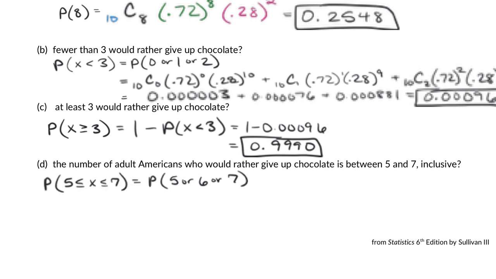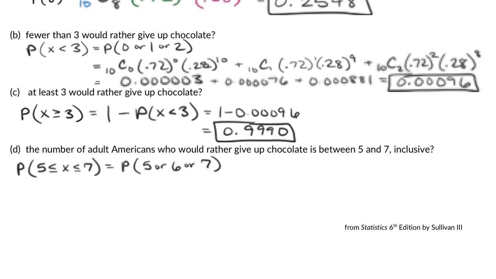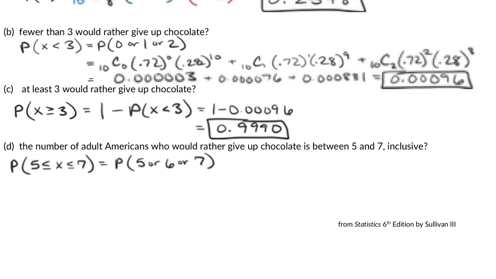This one is for you to make sure you've got it. I've got you here. If we're doing or statements, that means we're adding. You're going to do 3 probability distribution functions for 5, for 6, and for 7, and then add them together. I recommend showing me the work like we did in problem B. Write down the formulas so that you know what you're typing in, do them piece by piece, and then add them all together. I'm going to pause and let you try.